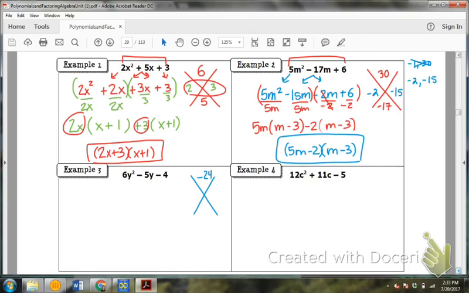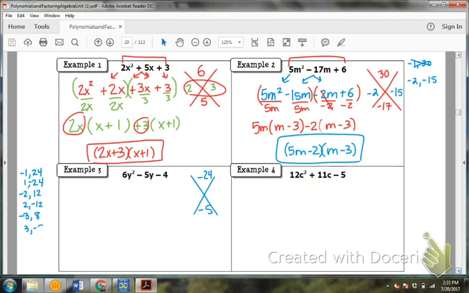So we have negative 24 and negative 5. So again, if you're not sure with your multiplication, 24 divided by 1, 24 divided by 2, 24 divided by 3. There is no easier way.